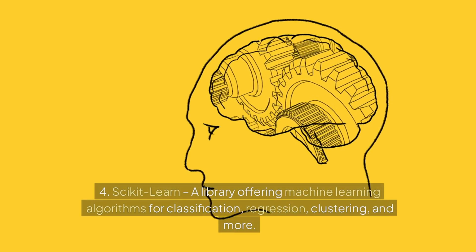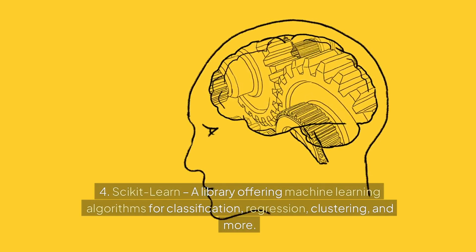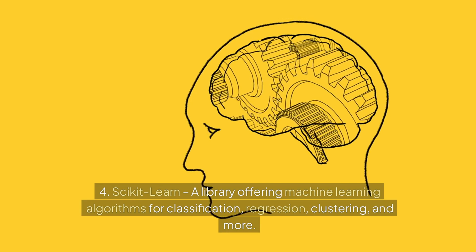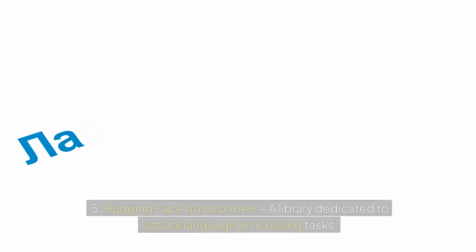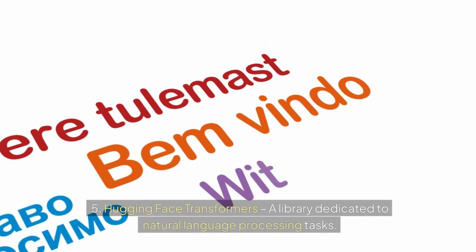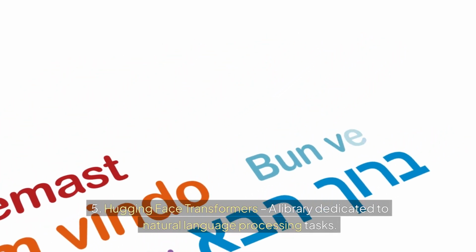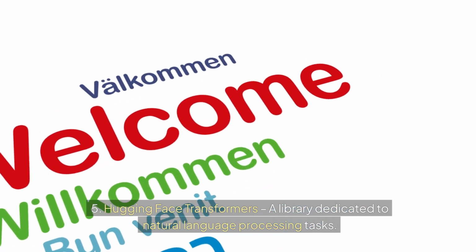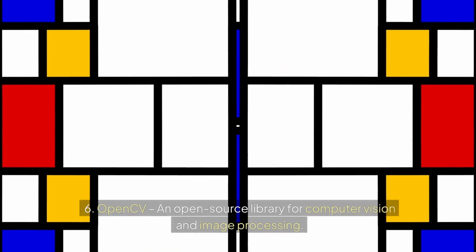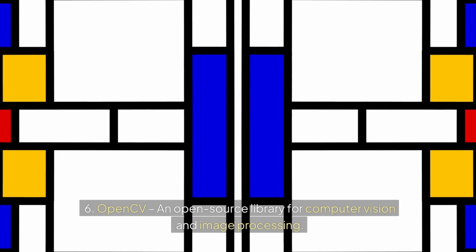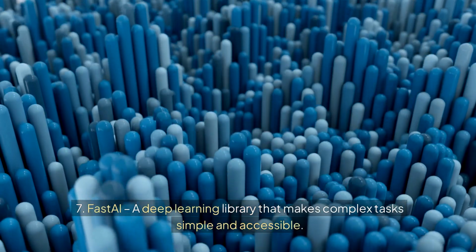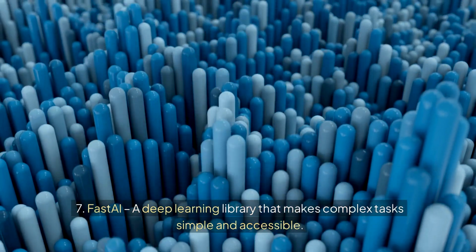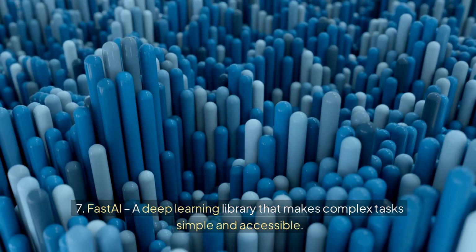Scikit-learn, a library offering machine learning algorithms for classification, regression, clustering, and more. 5. Hugging Face Transformers, a library dedicated to natural language processing tasks. 6. OpenCV, an open-source library for computer vision and image processing. 7. Fast AI, a deep learning library that makes complex tasks simple and accessible.